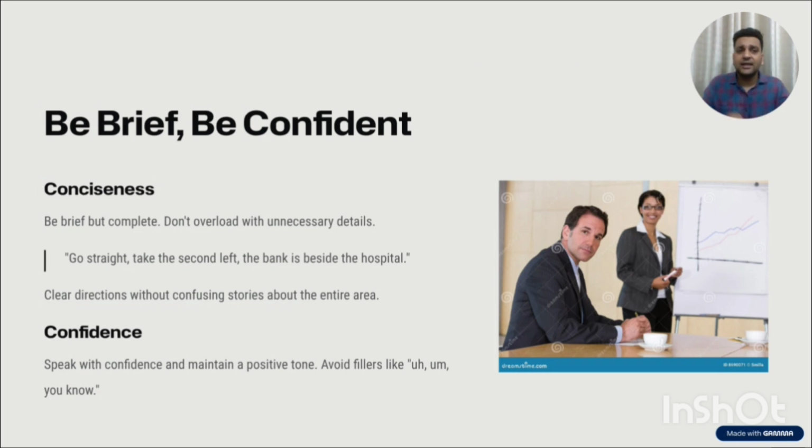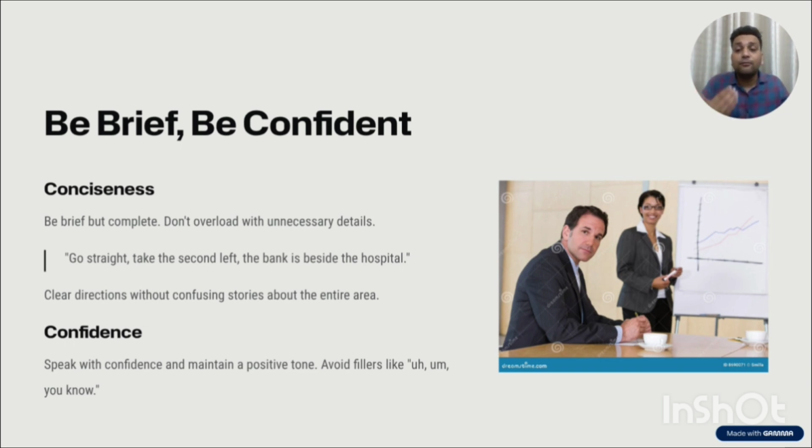The second is be brief, be concise, be short, and don't overload your speech with too much information. Always be precise. Just share the relevant information required by the receiver. And the third important point is be confident. Always speak with confidence.